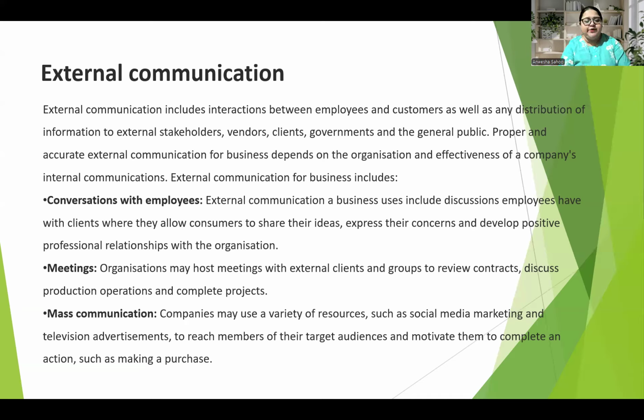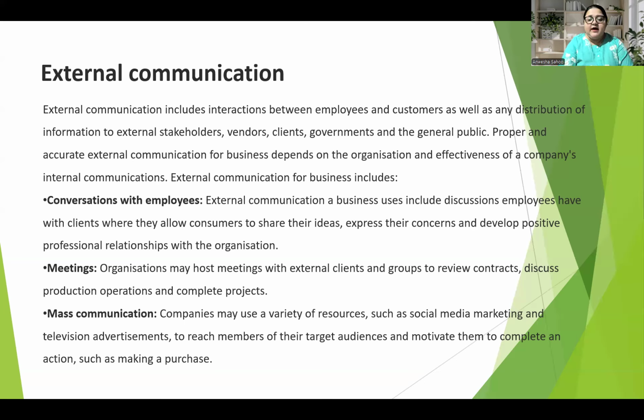Next is mass communication. What is mass communication? Companies may use a variety of resources such as social media marketing and television advertisement to reach a huge number of people who the company thinks are their target group of consumers. And what is the motive of the company?